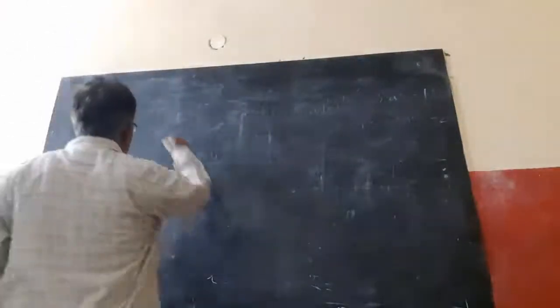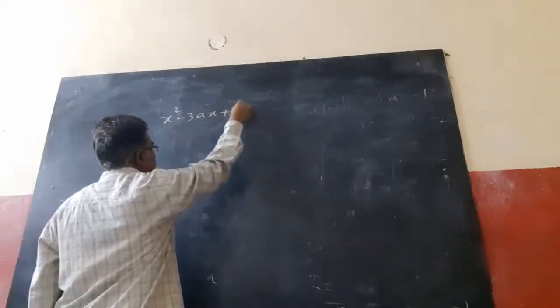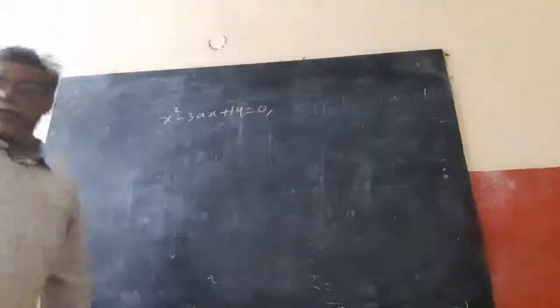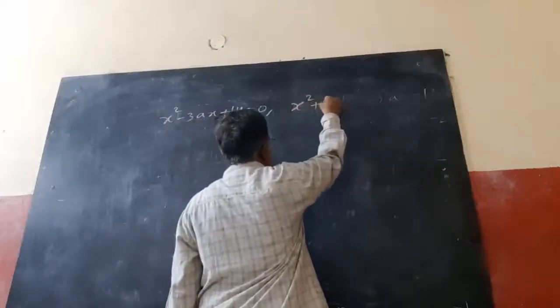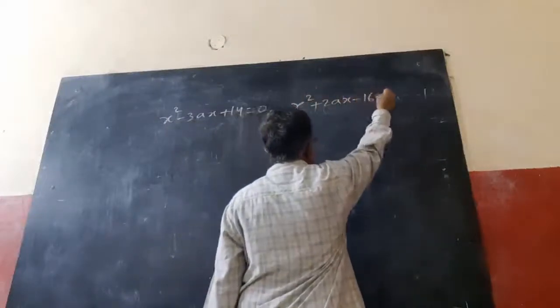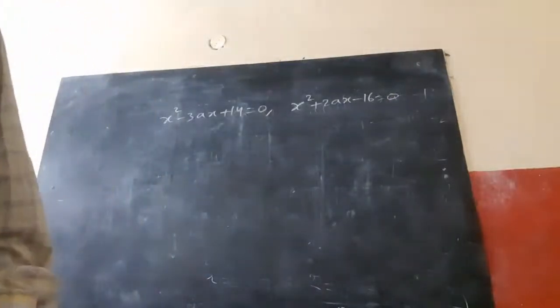Next question on common roots. If x square minus 3ax plus 14 equal to 0 and x square plus 2ax minus 16 equal to 0, given in 2018.